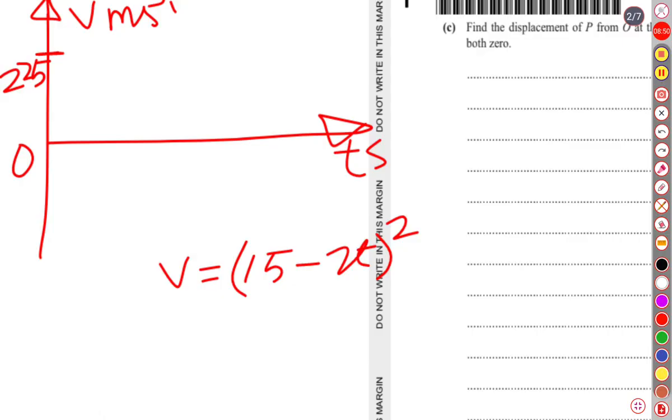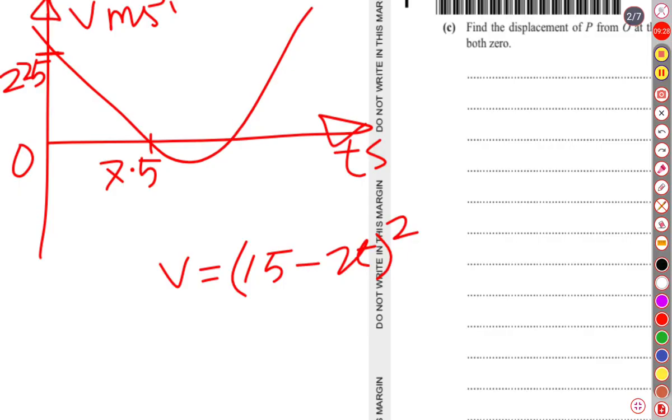This is 7.5. Then the curve will look like this way. Let me try to draw one more graph. Yes, it may make sense. So this is our graph.